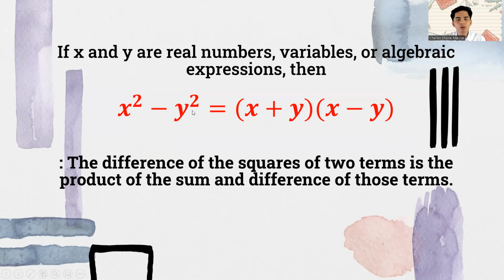So kapag finactor daw natin si x squared minus y squared, or kapag finactor natin ang difference of two squares, ang magiging factored form niya is itong x plus y times the quantity of x minus y. Okay, so the difference of the squares of two terms is the product of the sum and difference of those terms.